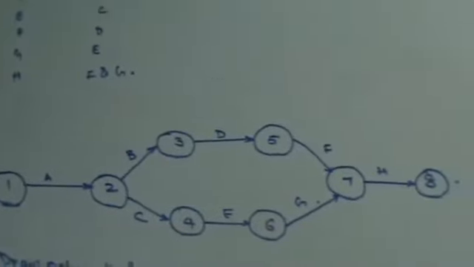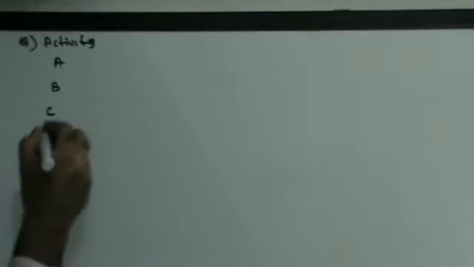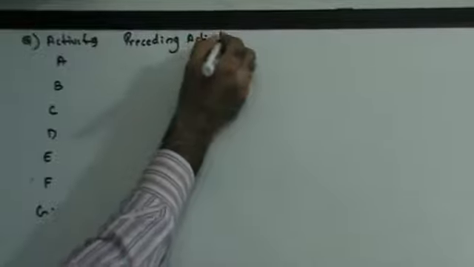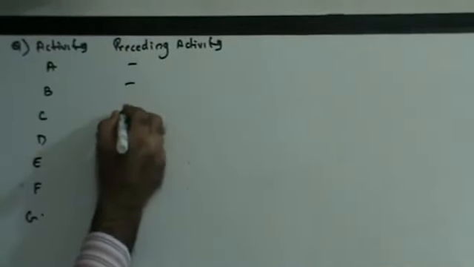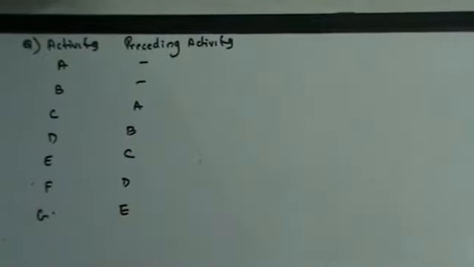Now let's draw some more interesting diagrams like this. Activities are A, B, C, D, E, F, G. Preceding activity is blank, blank, A, B, C, D, E. This should be interesting.